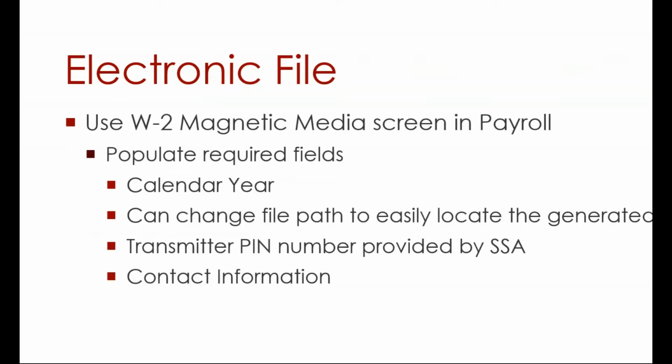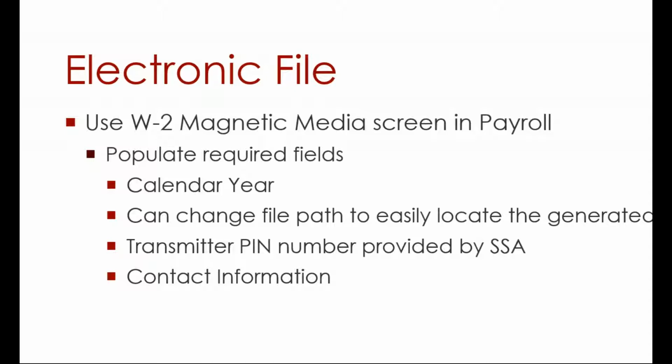You would use the Generate W-2 Electronic File screen to create the file you can provide to the IRS with your W-2 information when you're filing electronically. You would populate the required fields, which includes the calendar year, the path to the file that will be created, and you can change that file path to easily locate the generated file.